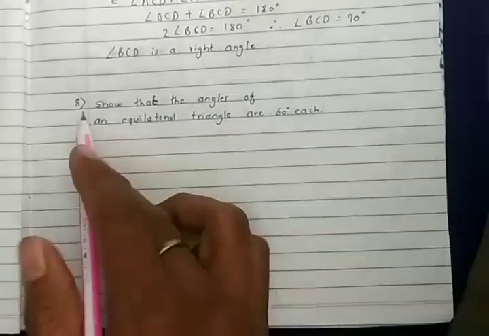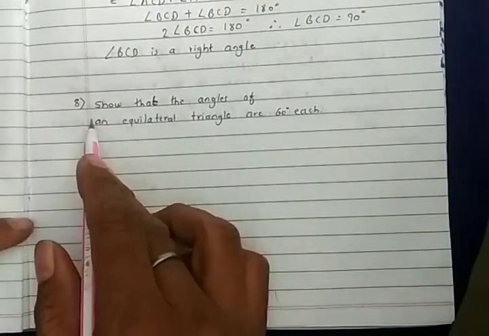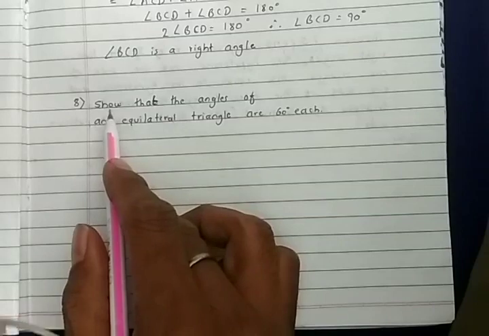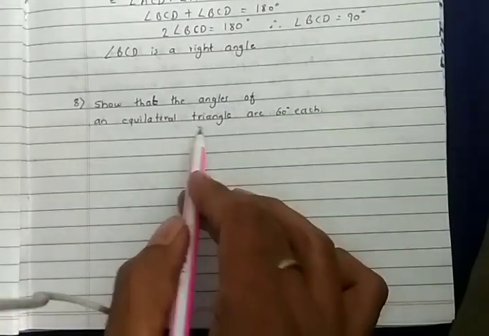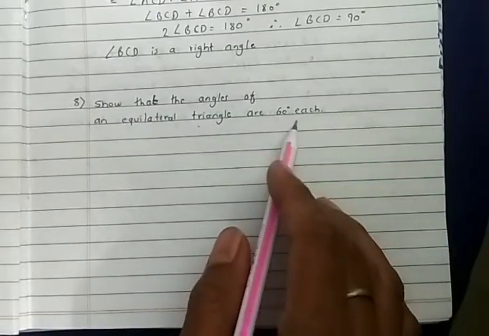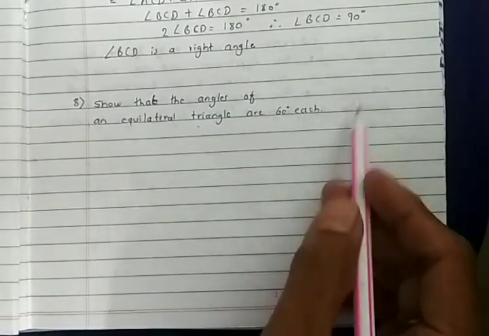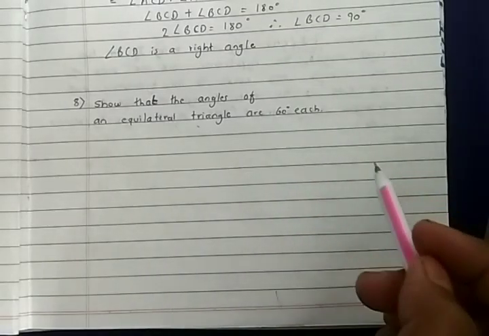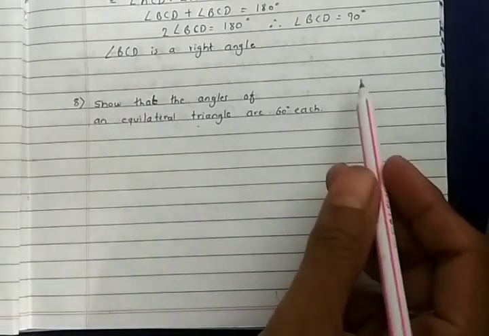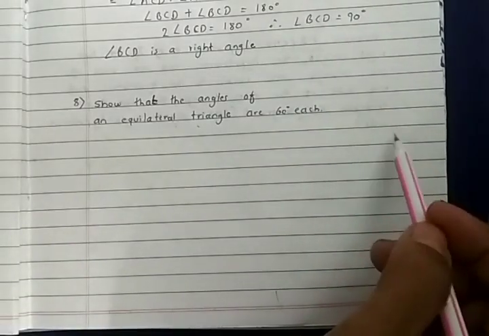Now let's solve sum number 8. Show that the angles of an equilateral triangle are 60 degrees each. We have to prove that an equilateral triangle has internal angles of 60 degrees each, right? Equilateral triangle means it has 3 vertices, right?